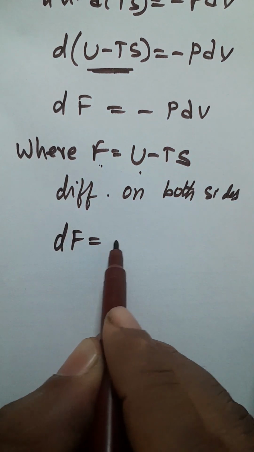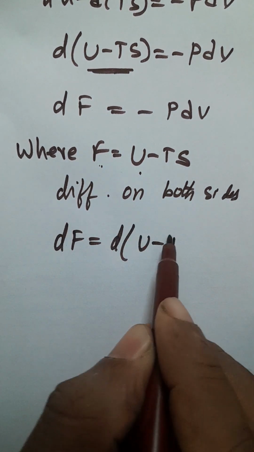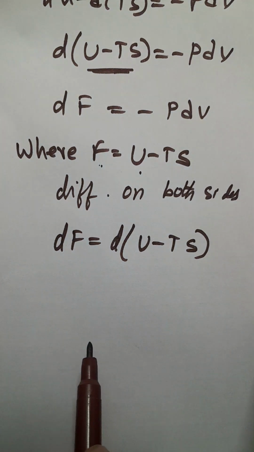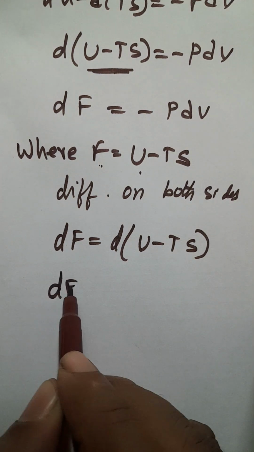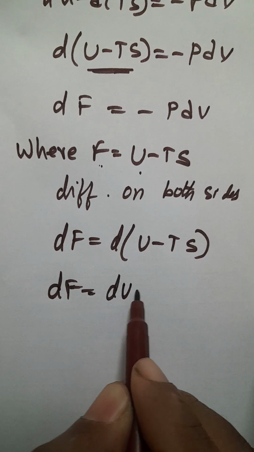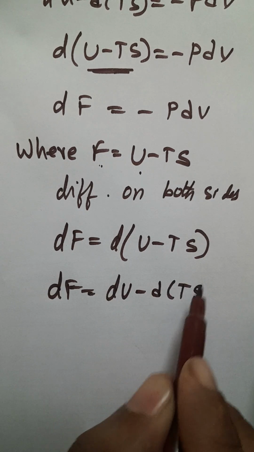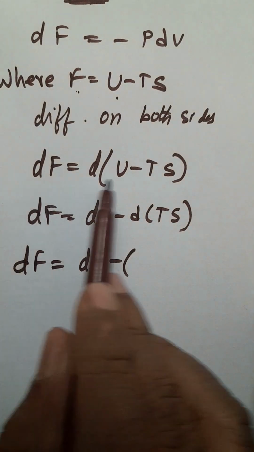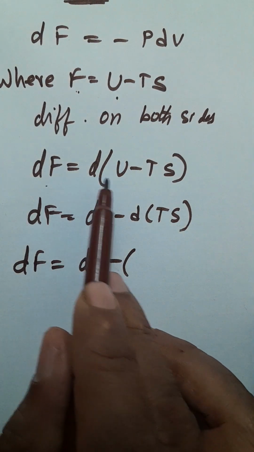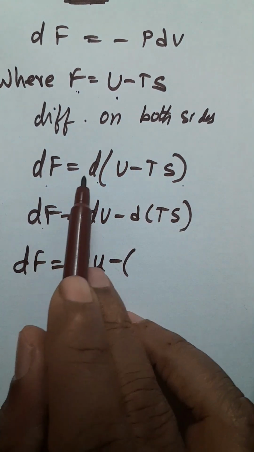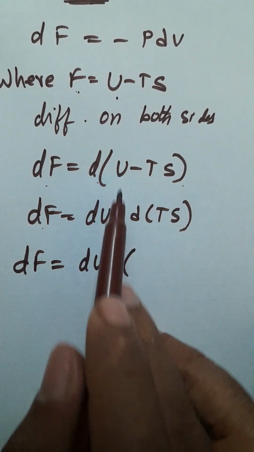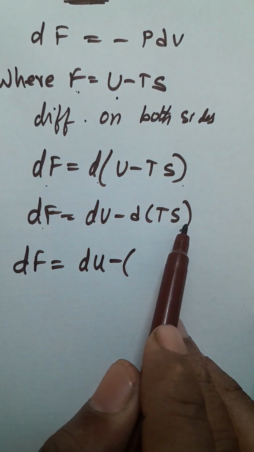Then dF equal to d of (U minus TS). Removing the bracket, dF equal to dU minus d of TS.